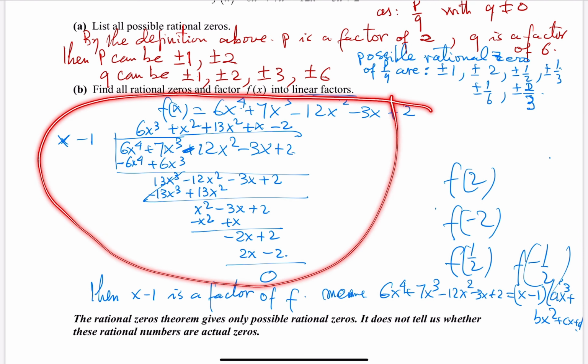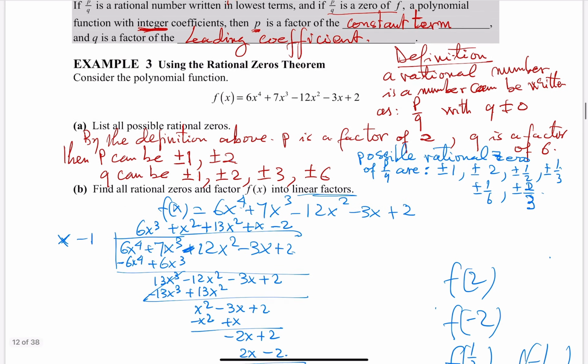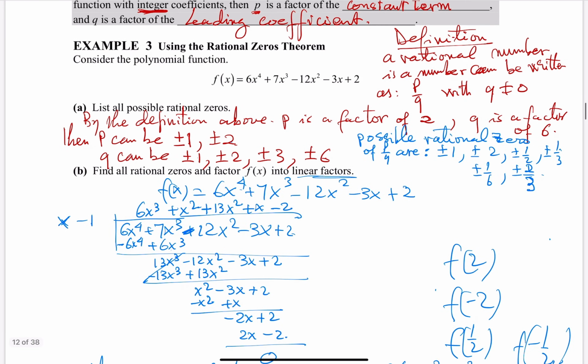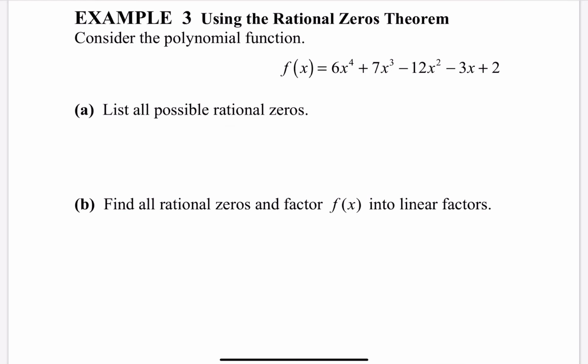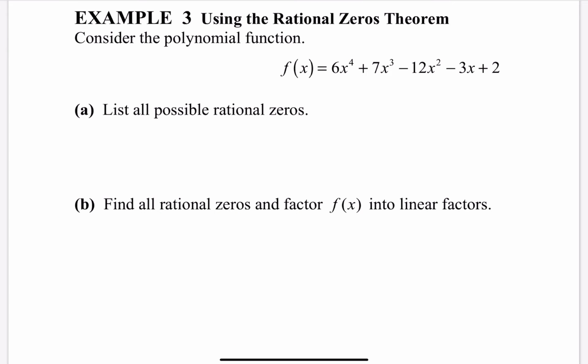A lot of you didn't understand, and I didn't fully do this one because we didn't have enough space. I have to copy example 3, which is here now. If you remember example 1, we have positive, negative 1 and 2, and 3 and 6.